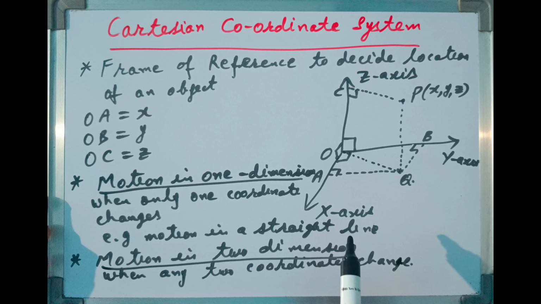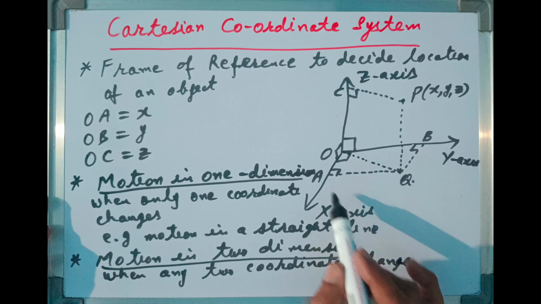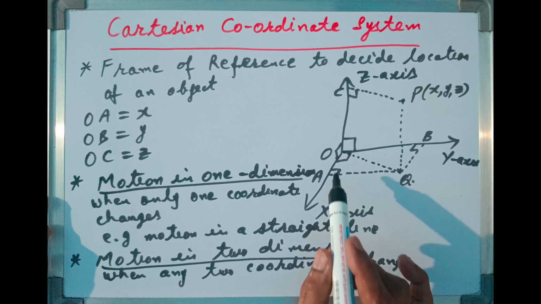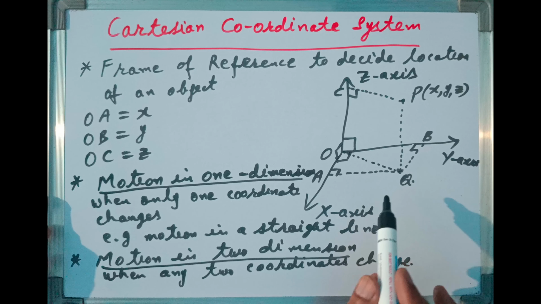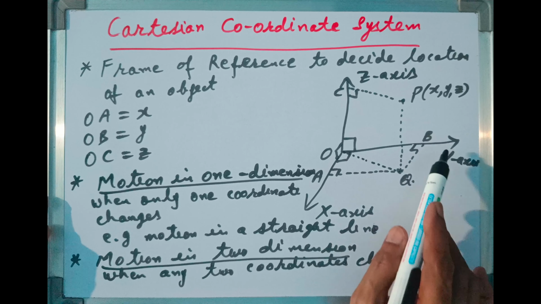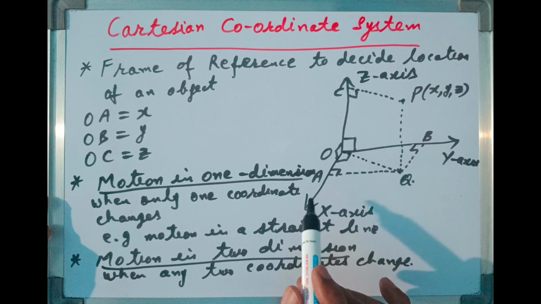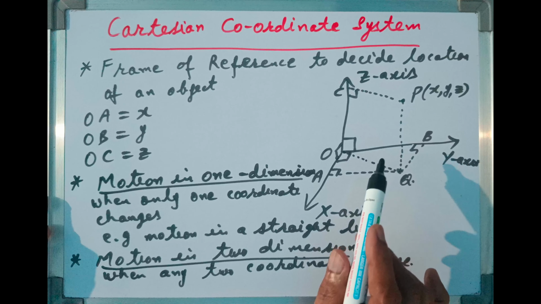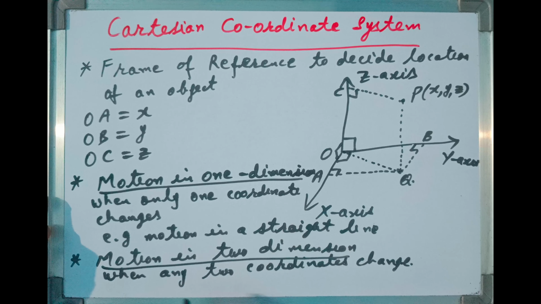When a body moves in a plane surface, suppose it moves in the xy plane, then its x coordinate and y coordinate will change, z will remain constant. Similarly, if it moves in the yz plane, then x will remain constant, y and z will change, and so on. So any motion in a plane can be called motion in two dimensions.